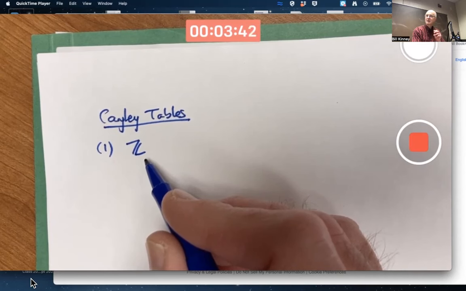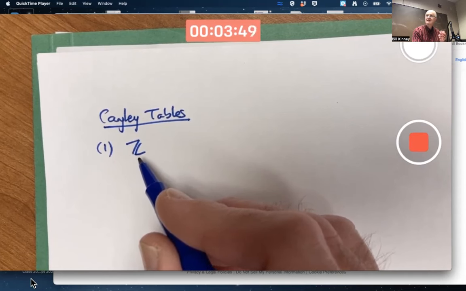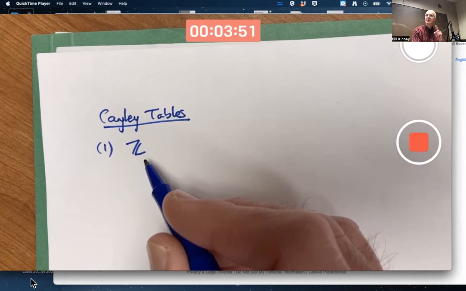The first 3 integers, starting with 0: 0, 1, and 2. Z3 as a set would be 0, 1, and 2. Z4 as a set would be the first 4 integers starting with 0: 0, 1, 2, and 3.